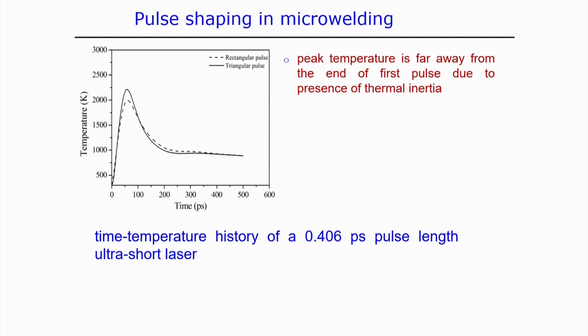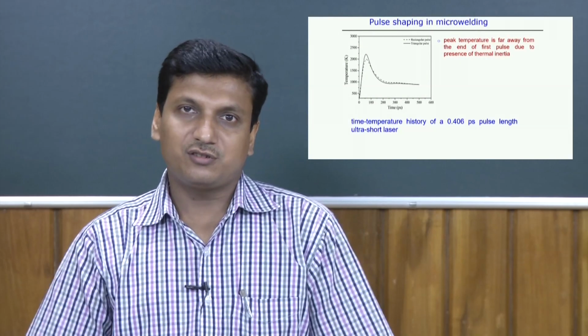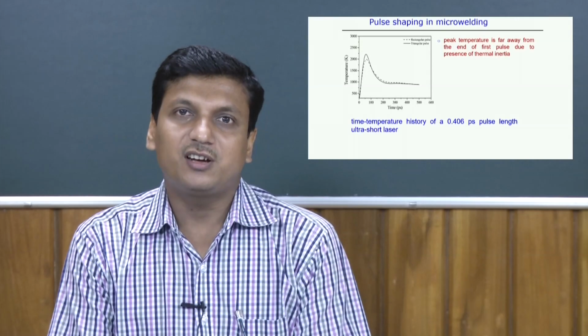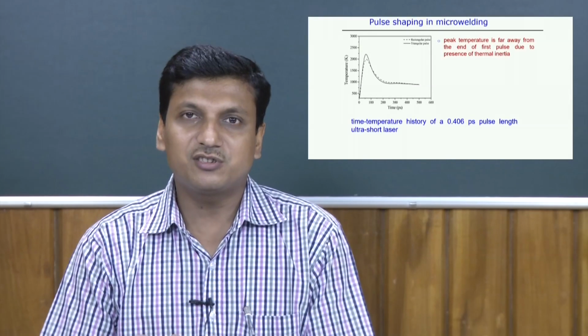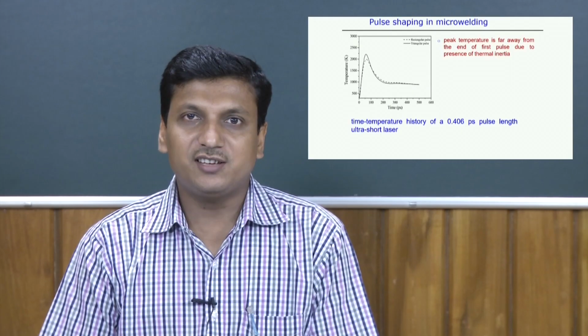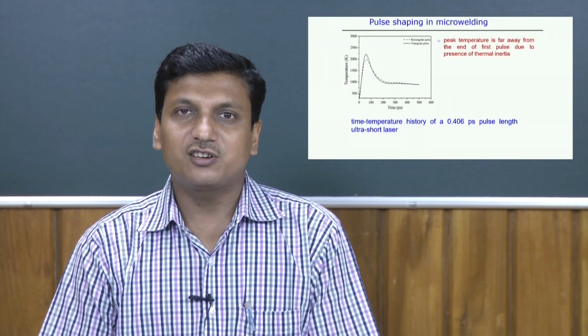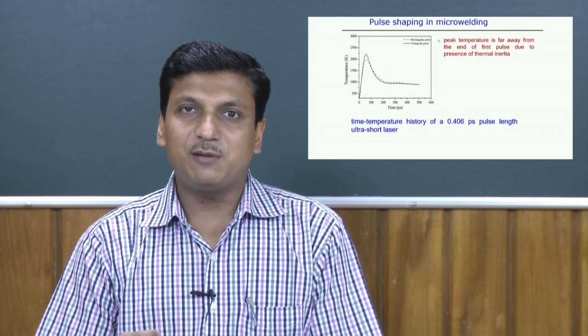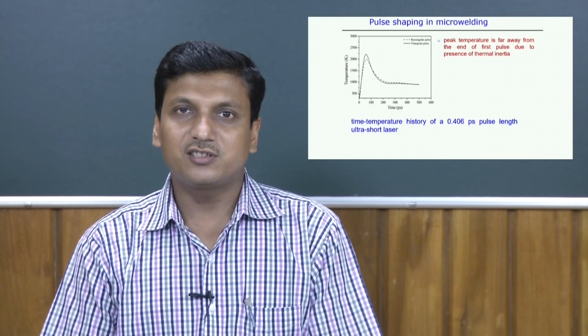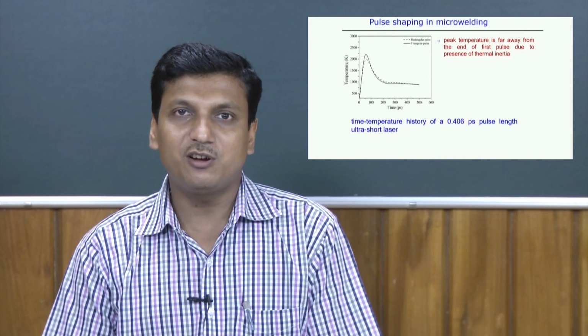Actually, when you try to analyze the effect of heat transfer in case of normal or large pulse duration, we assume Fourier heat conduction. With the application of the pulse energy on the surface, there is instantaneous development of temperature.